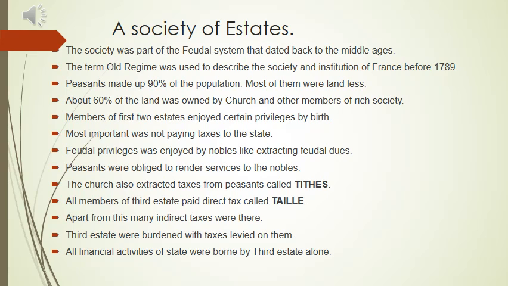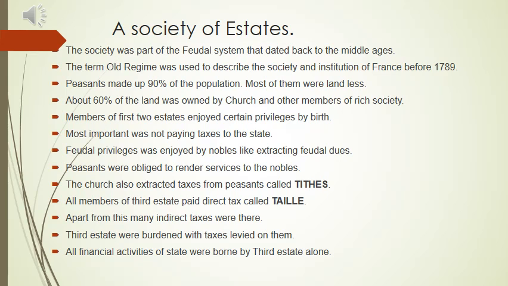Many nobles used to enjoy feudal privileges, like getting feudal dues from the farmers and asking them to work free, and the farmers could not say no because the nobles were of the second state, a higher class. The church also exploited these peasants by taking 10% of their cultivation in the name of a tithe.